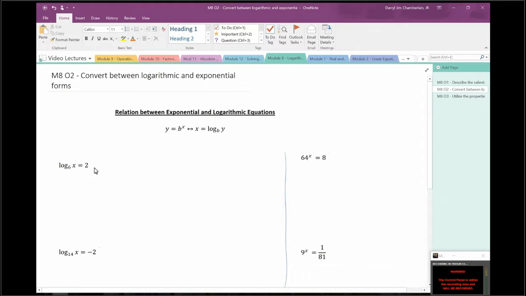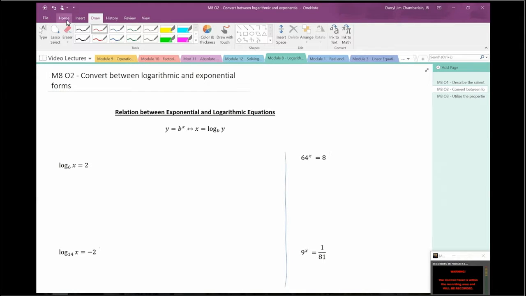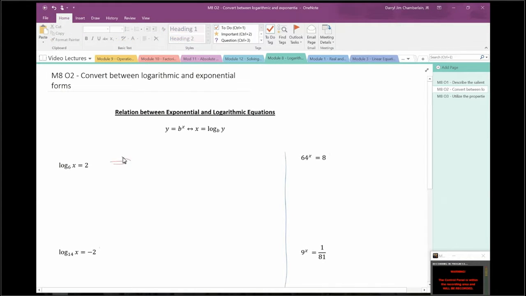Let's say we have this, log base 6 of x is equal to 2. Well, we don't really know logs right now. So maybe if we converted this using this relationship, we might be able to figure out what x is.